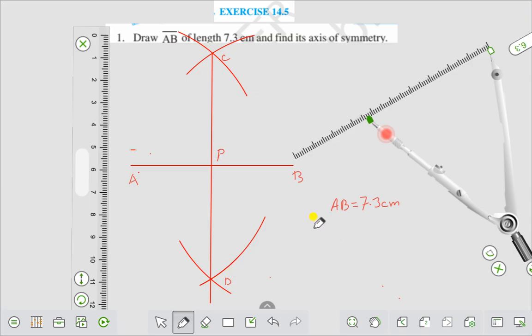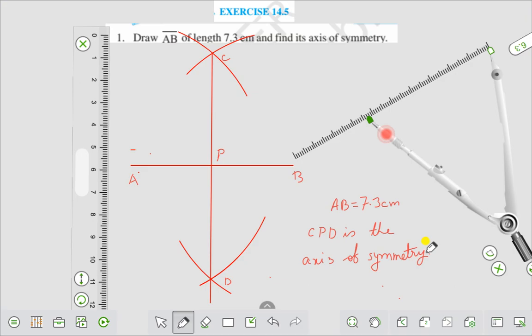Here CPD is the axis of symmetry, right?